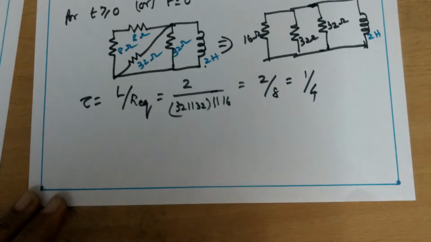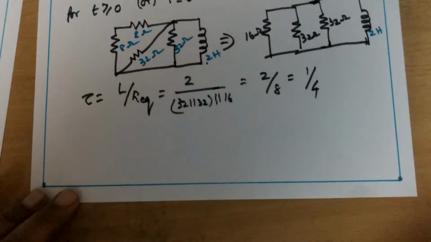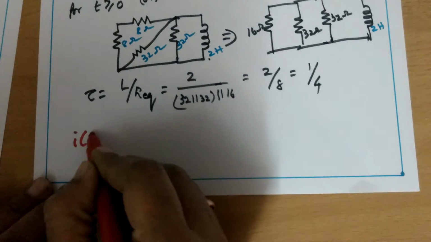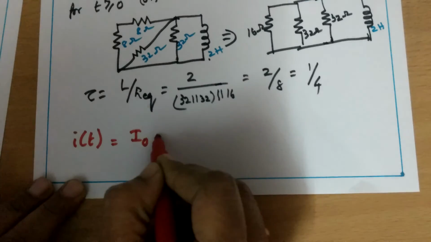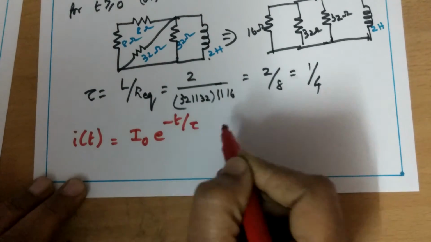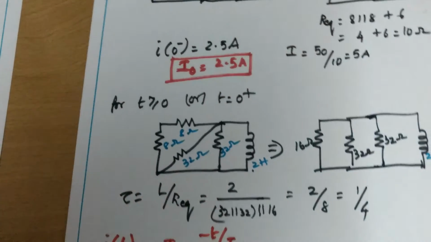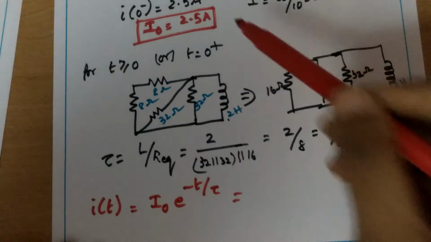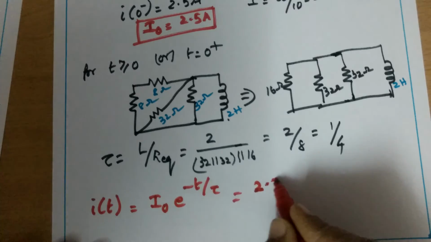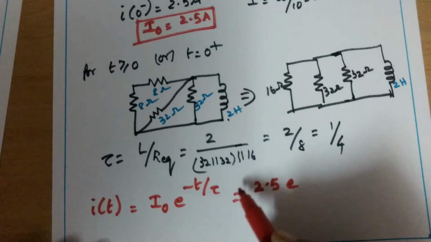Here at the final condition no current will be there. So we can write the equation directly as I of t, current through the inductor, equal to I naught e power minus t by tau. So what is the I naught? Current at the initial condition we have found out as 2.5 amps. So we will substitute that: 2.5 e power minus t by tau.